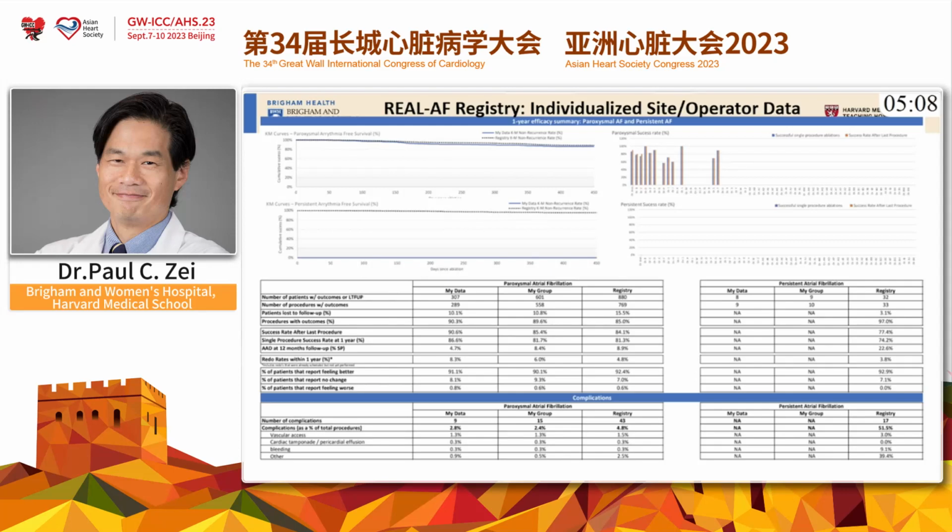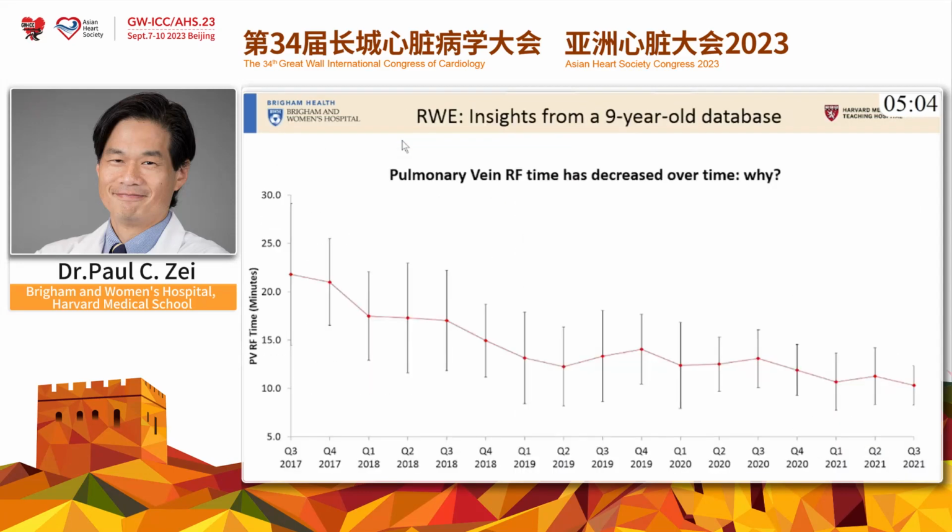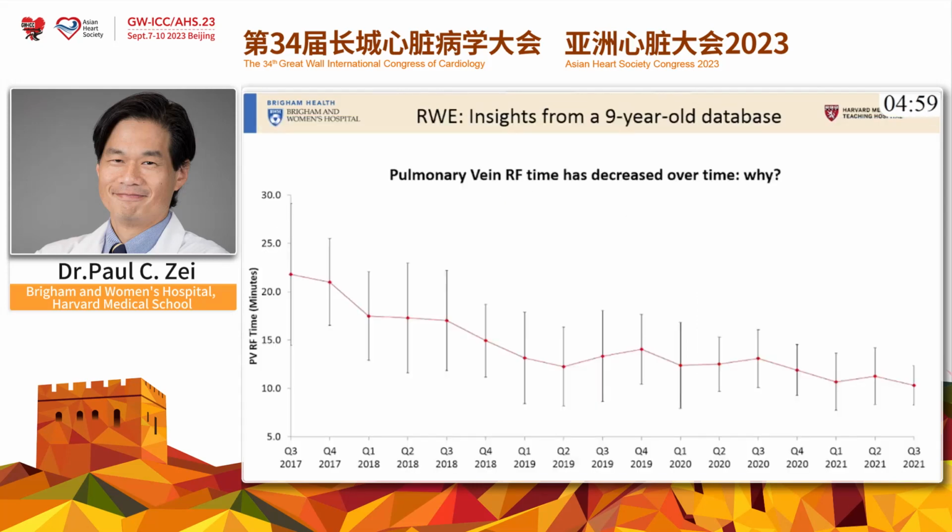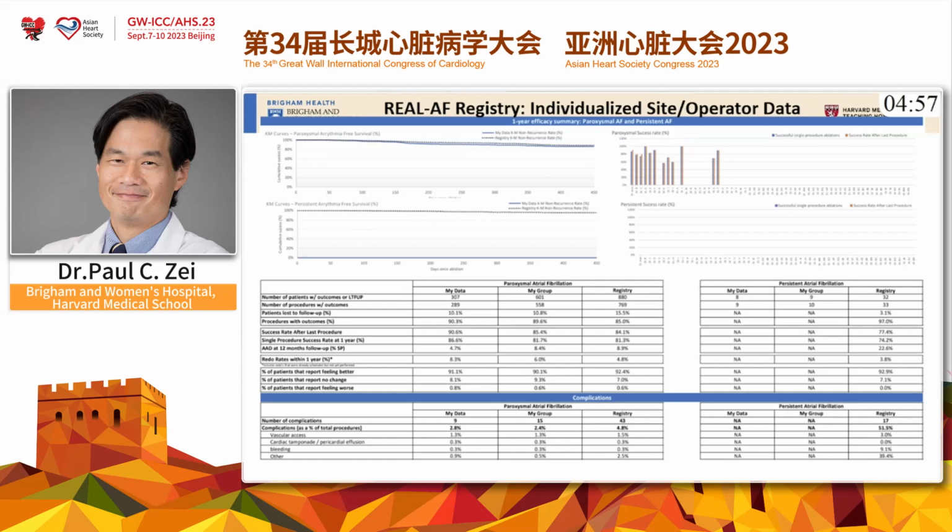And then we also look at their longer term outcomes, as you see on the upper left here. This is 1 year follow-up for these patients in freedom from AF with rigorous monitoring, and you can see the outcomes generally look quite good.